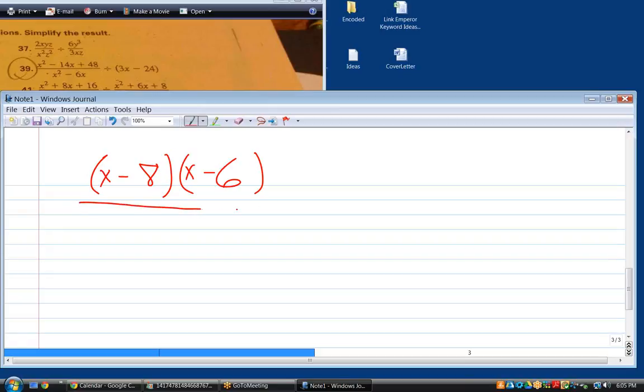Now factor the bottom. So it's just x parentheses x minus 6. Okay. And then instead of dividing, I can go ahead and divide, or I can multiply by the reciprocal, and I'm going to factor out a 3 there.